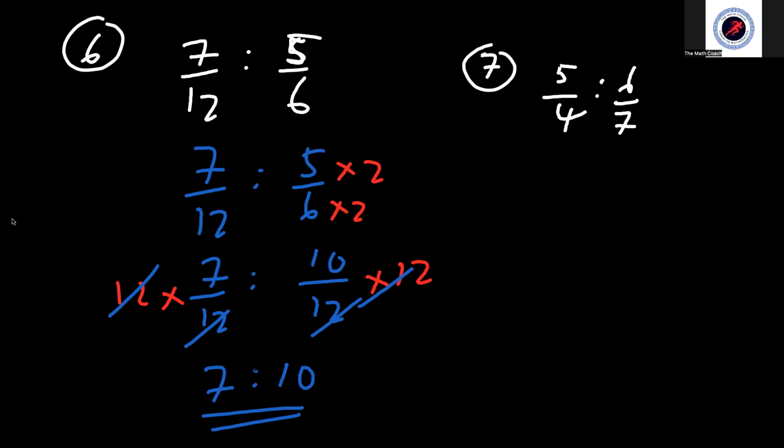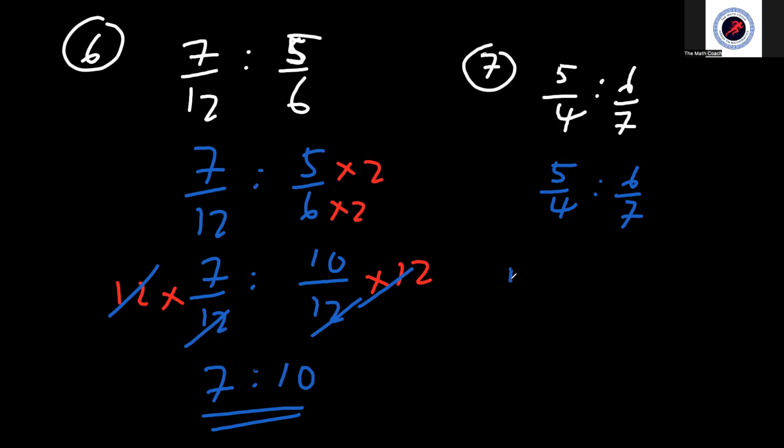What we do is find the LCM of both denominators. Actually, we could find the LCM for the sixth question too, but that method is super easy because finding the LCM of 12 and 6 is time consuming. So for 5/4 to 6/7, you can find the LCM in rough sheet.